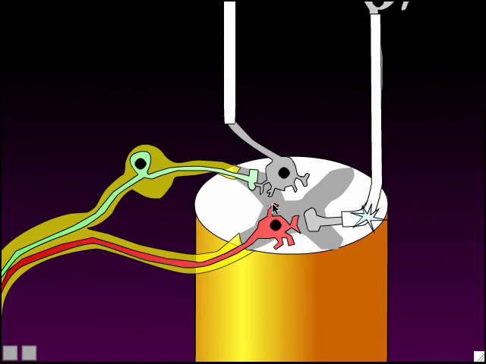Good, yeah, so the more posterior wing of the gray matter butterfly of the spine is where there's synapses between the sensory neurons and the interneurons of ascending tracts, and the more anterior, the more front-facing gray wing of the butterfly, that is where the interneurons of descending tracts synapse with the dendrites and the cell body of the motor neurons, and then that wing of the butterfly connects to the ventral root of the spinal nerve.